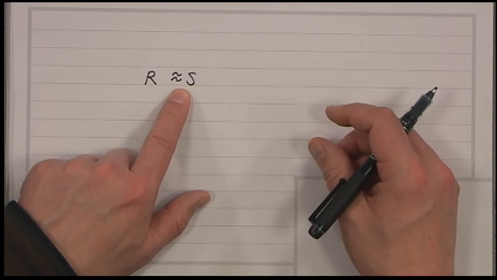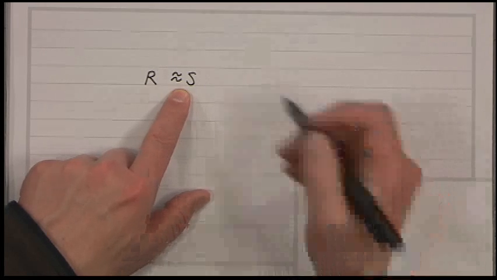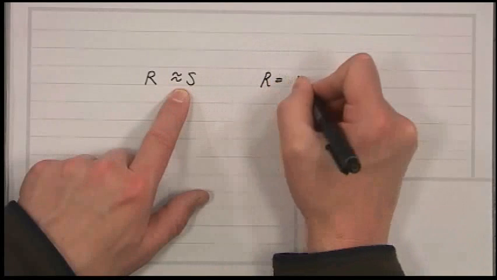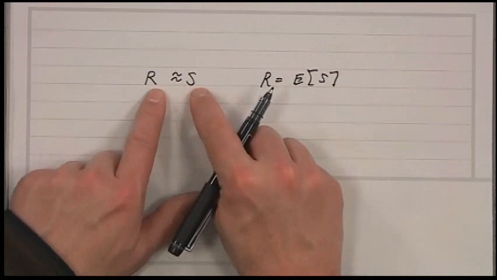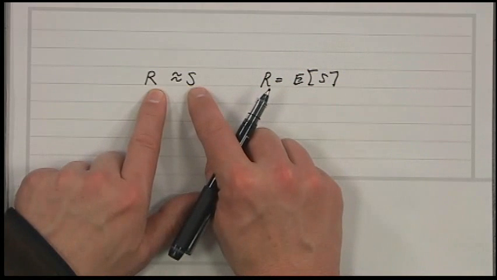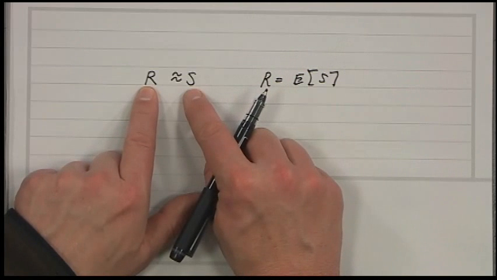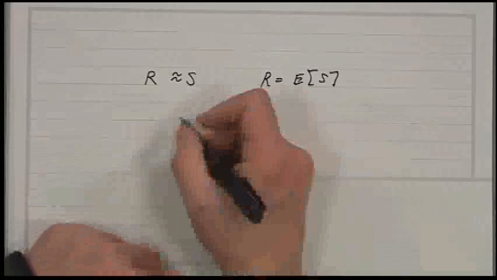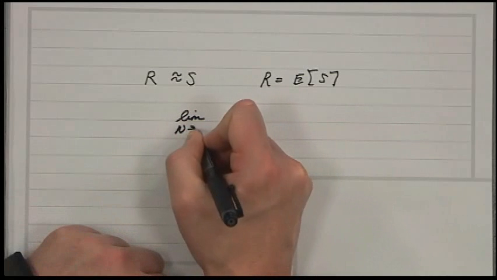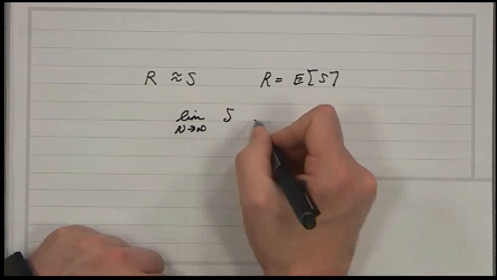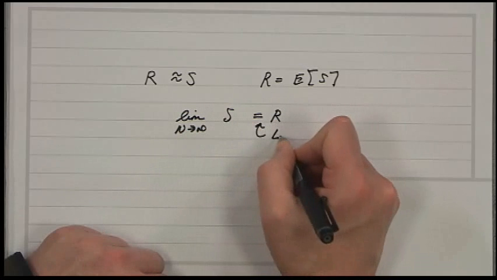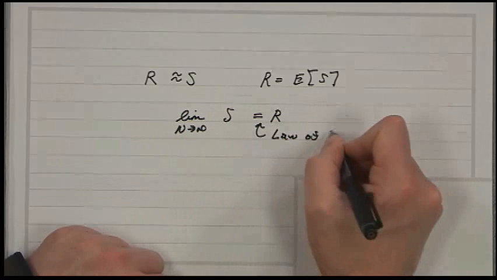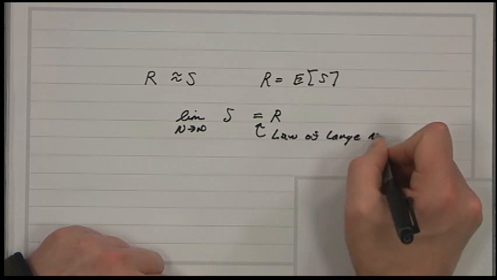In general, you wouldn't expect these to be equal, but R is equal to the expected value of S. So as n gets large, you average a lot of images, the sample covariance should approach the true covariance. In the limit, as n goes to infinity, S should equal R, by the law of large numbers.